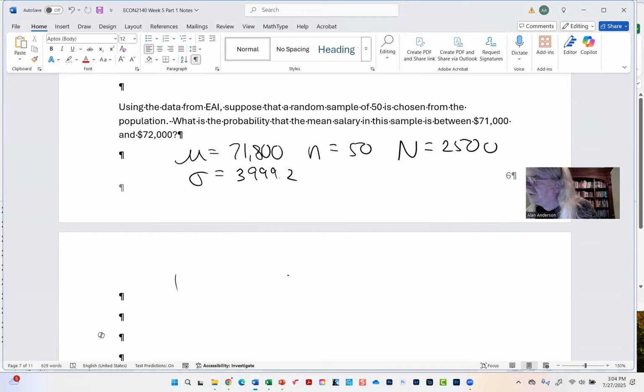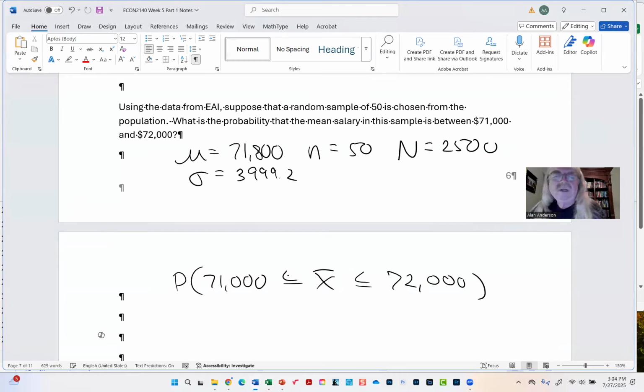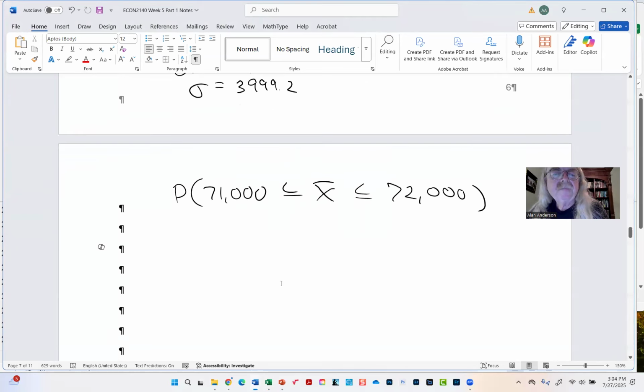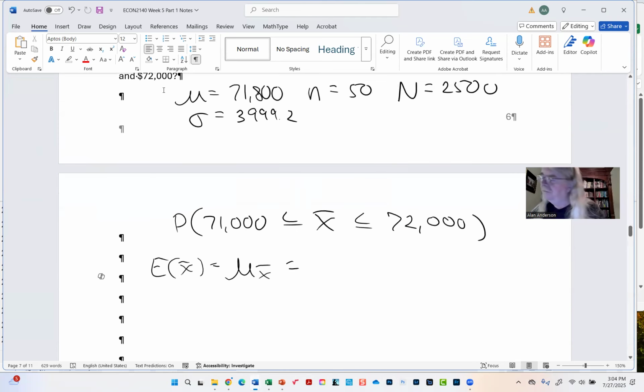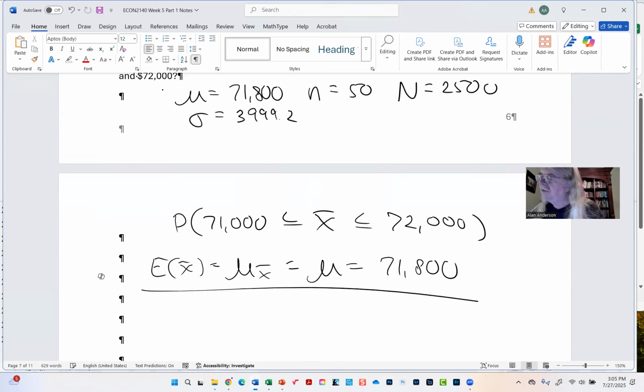And so to calculate a probability like this, what we're going to need to do is we need to know the mean of this distribution, which is 71,800. And then we need the standard deviation.